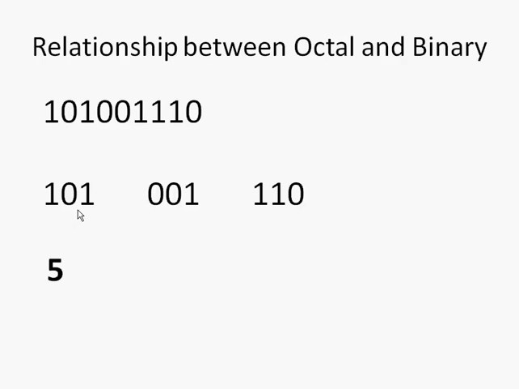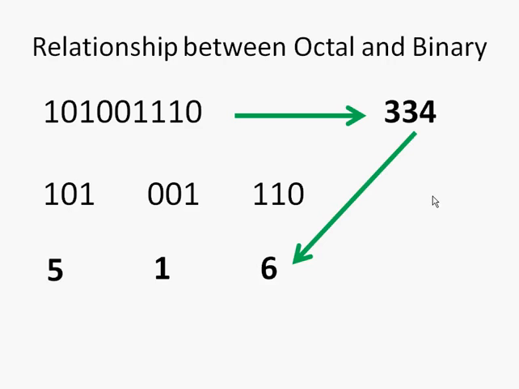Now if we convert 101 from binary to decimal, we get 5. 001 would be 1, and 110, as we know, will be the 4 and the 2, 6. Now that's these sets of 3 bits converted to decimal. So 101 001 110 is 516 in octal.